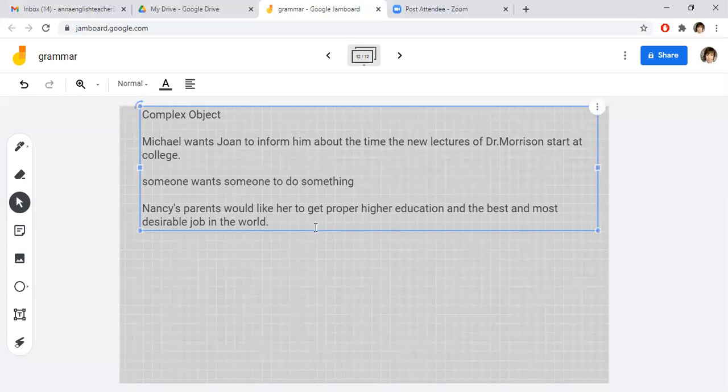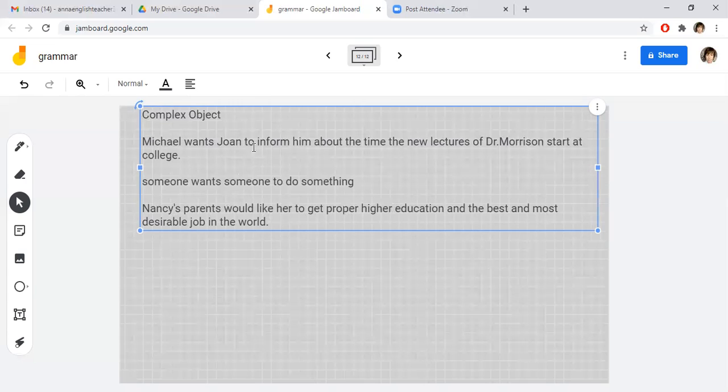And that is get proper higher education and the best and most desirable job in the world. You see? Nancy's parents would like her to get proper higher education and the best and most desirable job in the world.